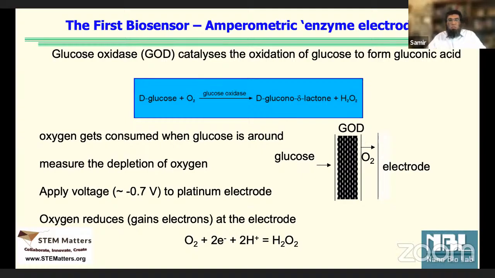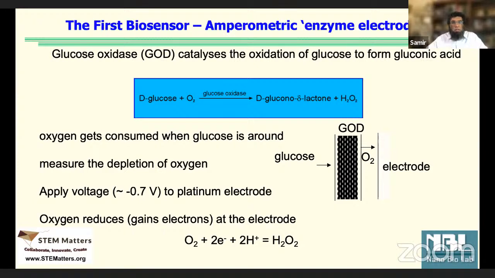And that gives us gluconic acid and a change in pH, which means there are more hydroxyl groups. Oxygen is getting depleted, and that results in a voltage change at the electrode. That voltage change is measured, and by calibration we can know exactly how much glucose was in the solution to start with.